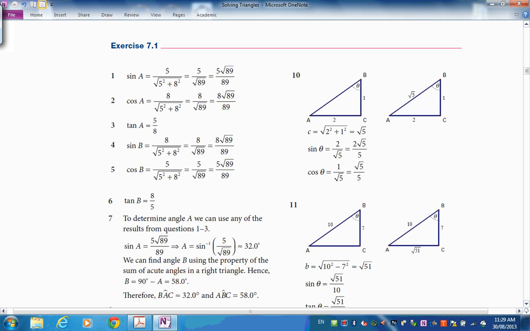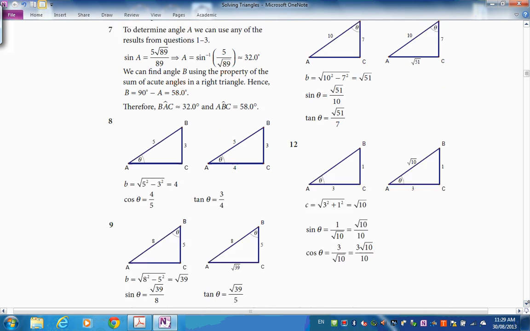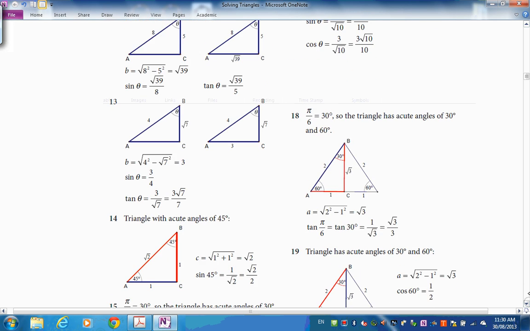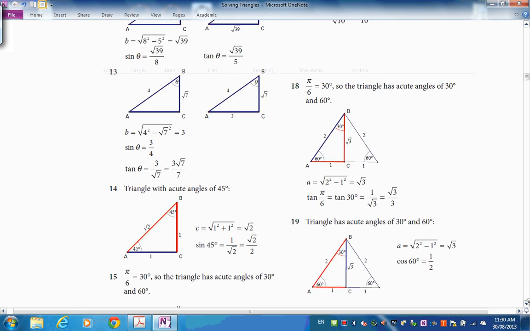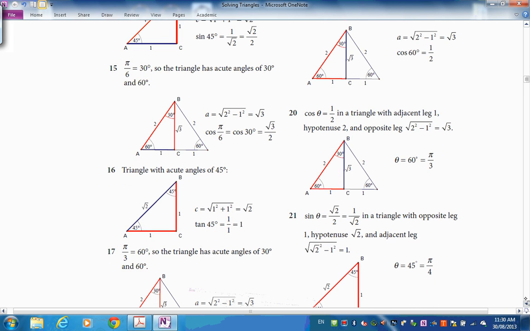Okay, 7, there's 10 and 11 on the side there. Let's go down a bit more now. 8 and 9, 12. 13, 14 and 18, 19 there. Go down.